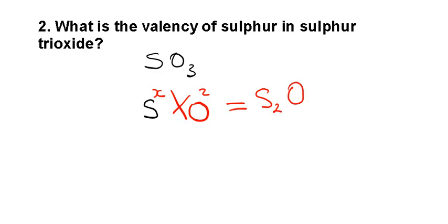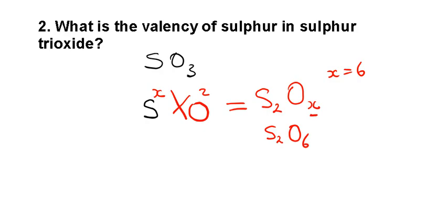We begin testing. If you test 1, you will see that it will not satisfy. Then we test 2, test 3, and we can go ahead and test 6. If we replace X with 6, we have S2 O6.